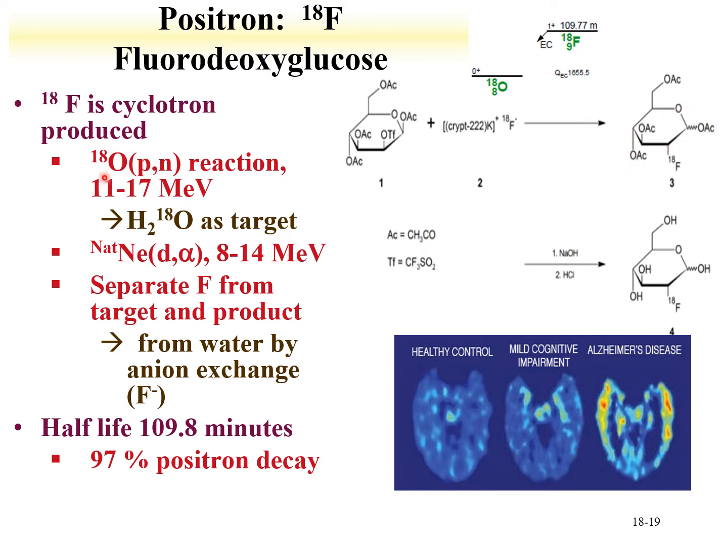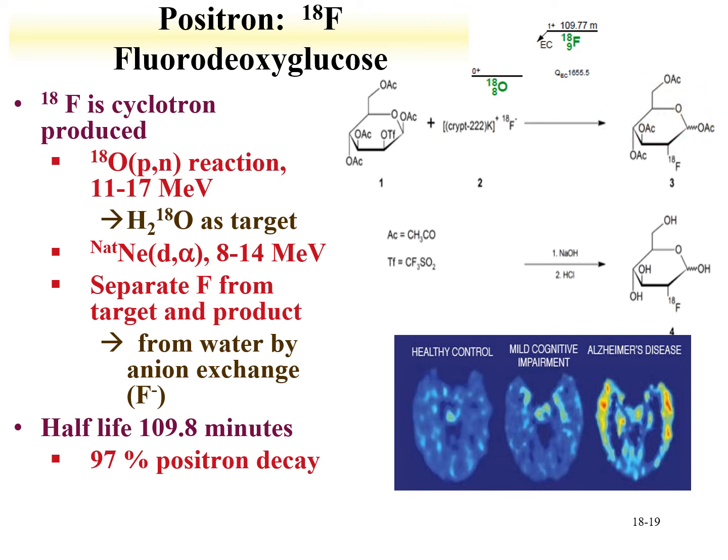The fluorine is cyclotron produced from the reaction of oxygen-18 with a proton-neutron reaction with water as a target. Neon gas can also be hit with deuterium and alpha product for the fluorine-18. The fluorine is separated from the target and then chemically reacted onto compounds, and in this case glucose.